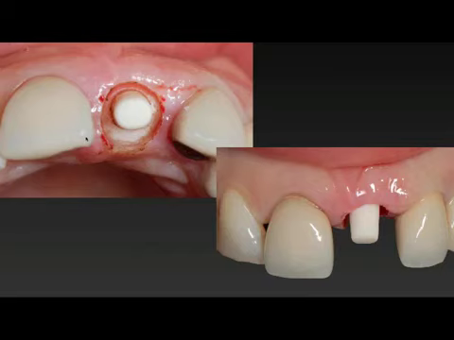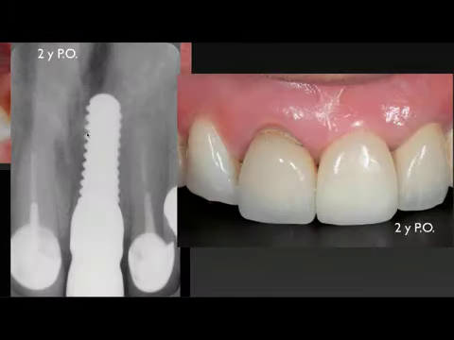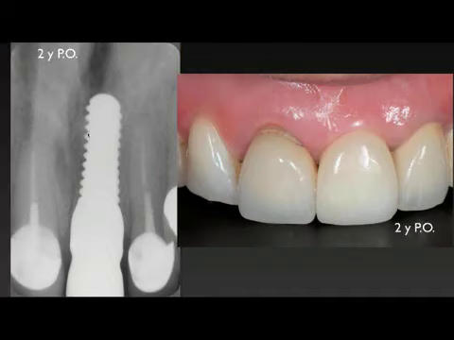That's what we're doing to expose the margins of the implant and take an impression. This is with the crown in place, and you can see beautiful gingiva around the crown at 2 years with great stability.